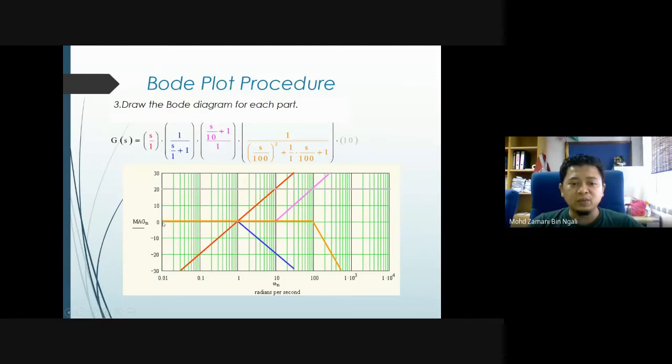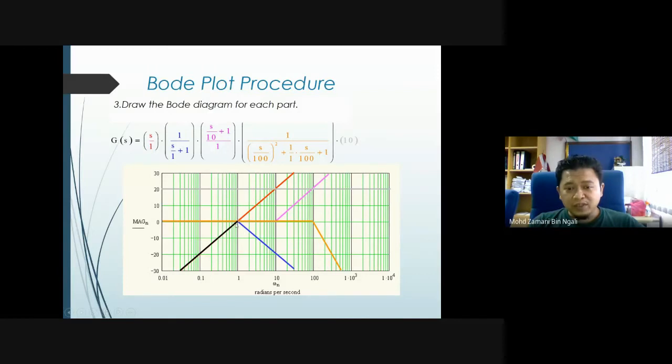Red plus 0 plus 0 plus 0. It will follow until here because nothing changed. All lines have not changed in direction from 0.01 until 1. So we will have this line: red line plus blue plus magenta plus orange. So we'll get this.